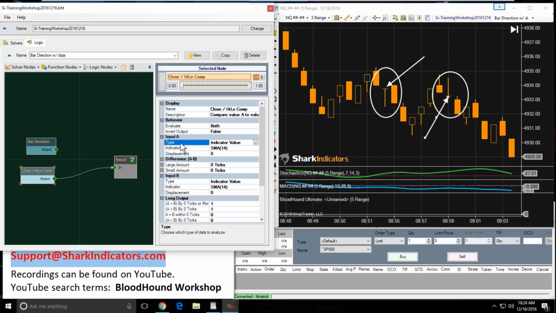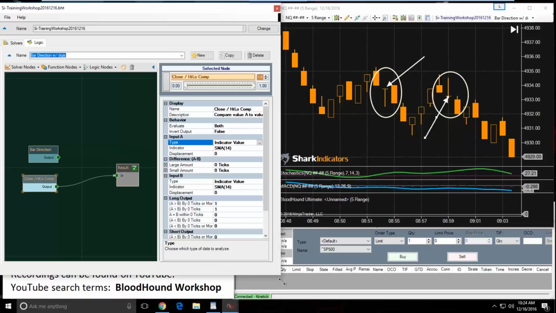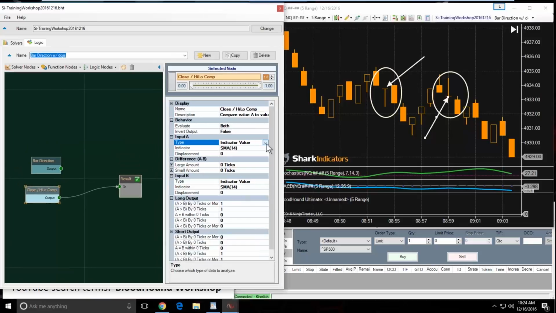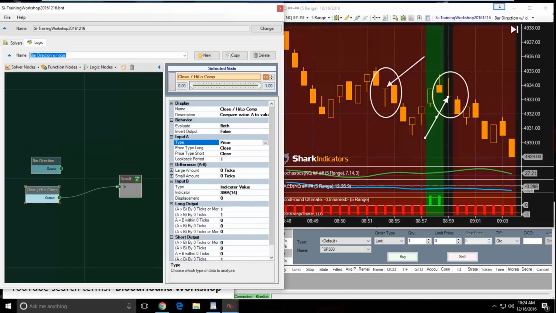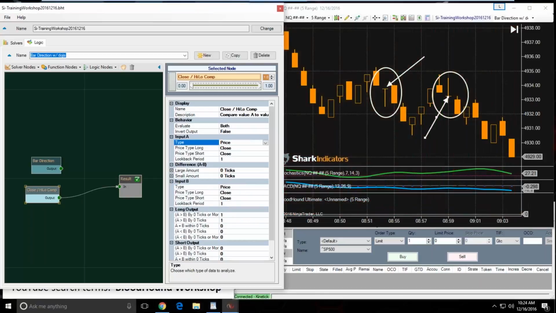So we're going to set our inputs to price. Let's stretch this down a little bit. So let's change this to price, and then we're going to change input B to price. The first price is the closing price. We can see input A is already set to the closing price. Now input B, we want to set this to the high or the low.